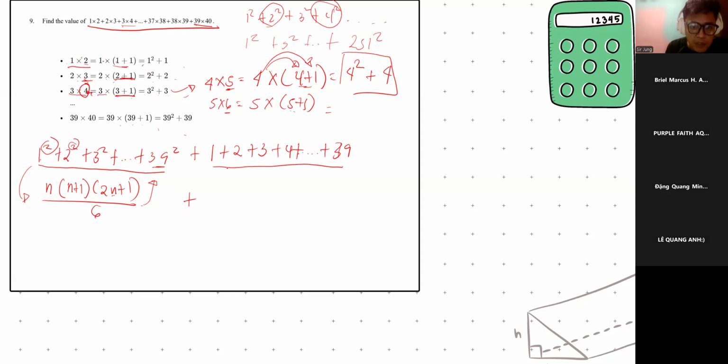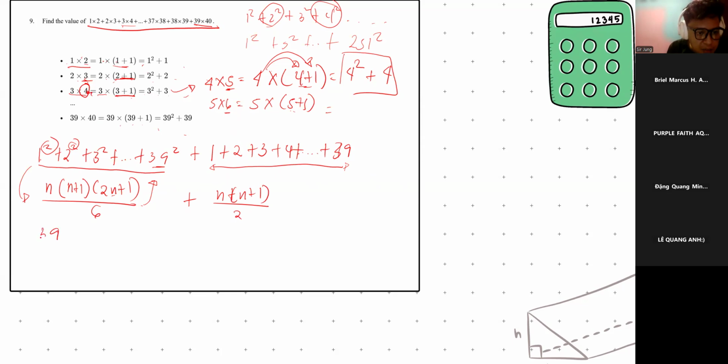So what's the formula for consecutive numbers? We have n times n plus 1 all over 2. Okay? Where n again is the last term.